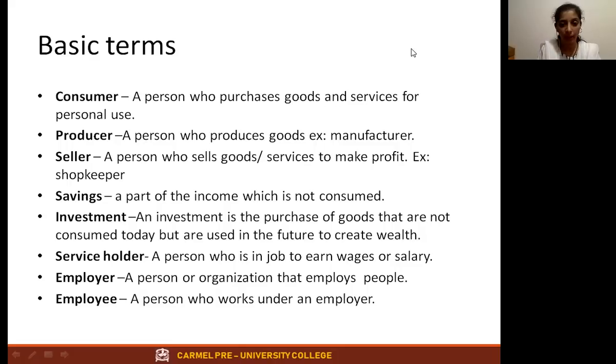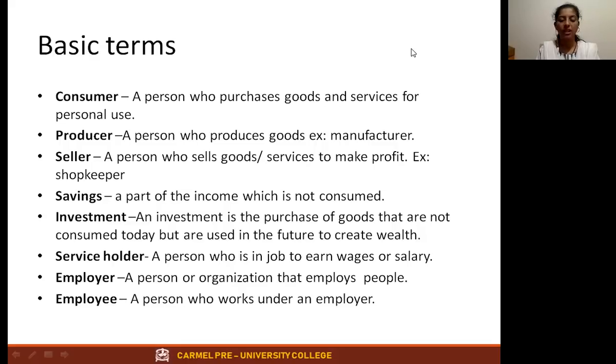I'm called a seller because I'm going to sell my service to the institution. They pay me. A person who sells goods or services to make profit is called a seller. An example is a shopkeeper.